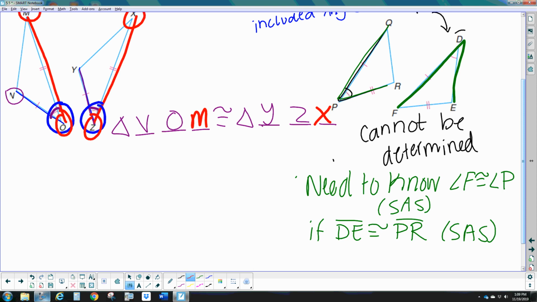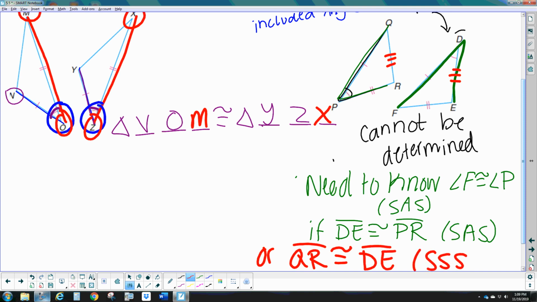Or if I wanted to use side, side, side, I would need to know what this third side was. So I would need to know that QR was congruent to DE. Then I could use side, side, side. But without any of those extra pieces of information, I cannot determine whether or not the two triangles are congruent.